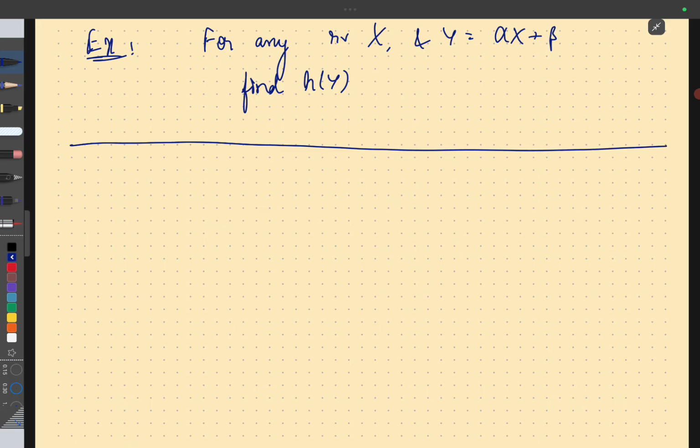So we'll investigate differential entropy and what it means maybe in later parts of the course. But for now, I just wanted to introduce this quantity.